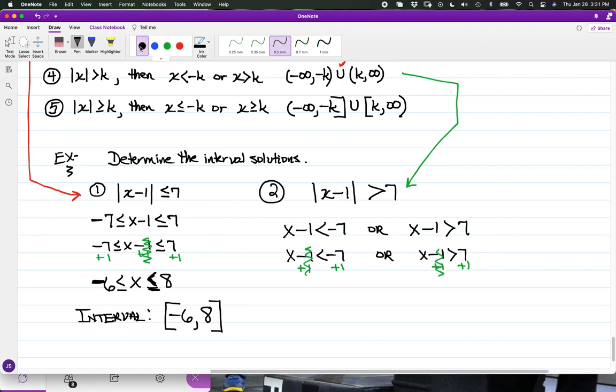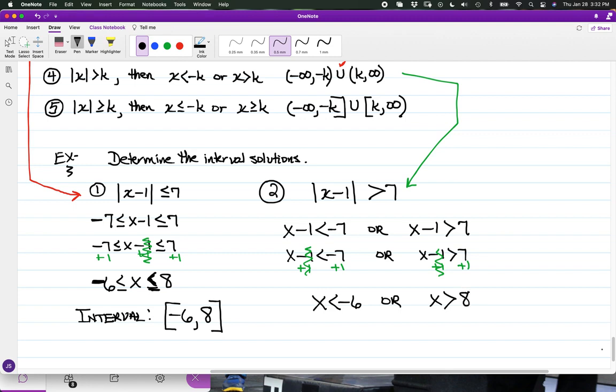So for x minus 1 is less than negative 7, x is less than negative 7 plus 1, so we have that x is less than negative 6. Or it could be at the other end of the spectrum that x is greater than 7 plus 1, and so we're going to have that x is greater than 8.